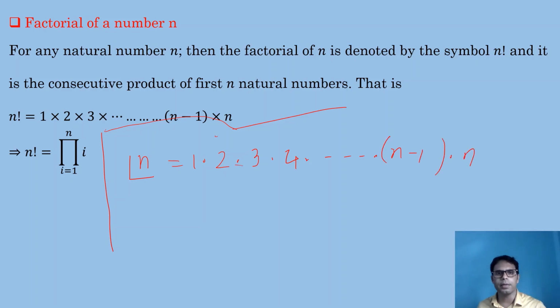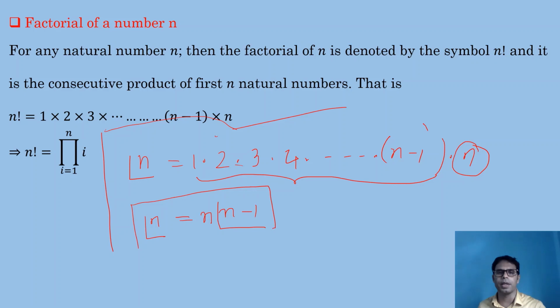But from 1 up to n minus 1, this is nothing but factorial of n minus 1, and this n is already remaining there, and so we write here n into factorial n minus 1, and our left hand side is already this one. So this is one of the important properties of factorial n.